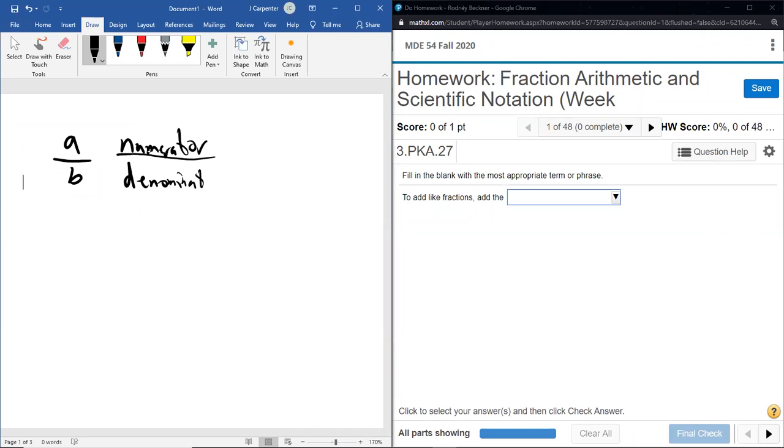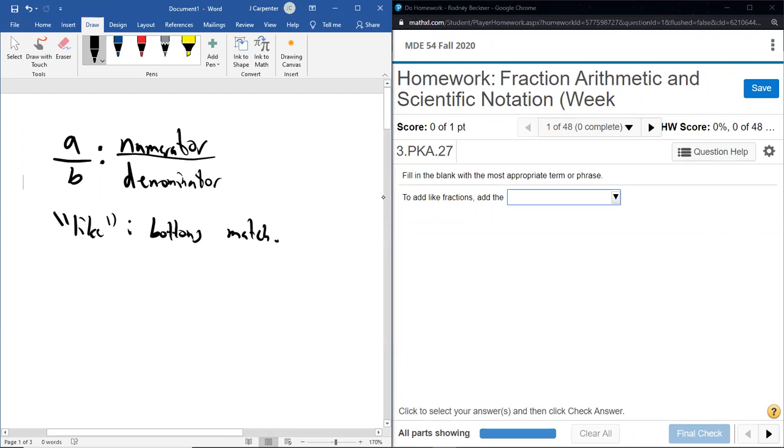Hopefully that's not news, but just in case. To add like fractions, to be like fractions means that the bottoms match.